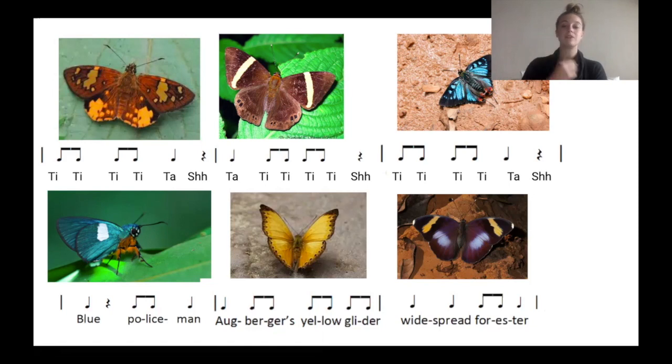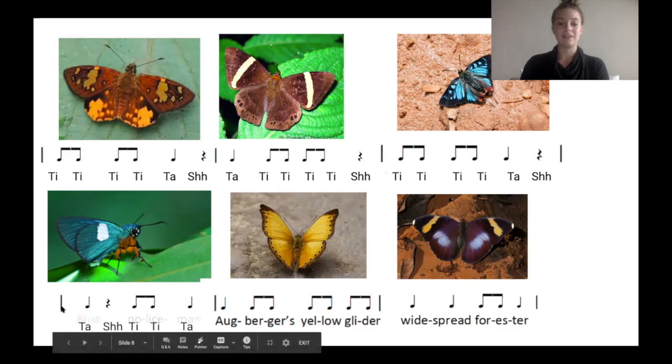So 1, 2, here we go. Ta, sh, ti, ti, ta, ta, ti, ti, ti, ti, ti, ti, ta, ta, ti, ti, ta. Now, if you didn't get that, here is your chance to go back and try it again.